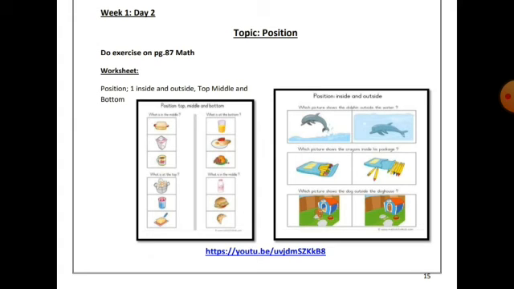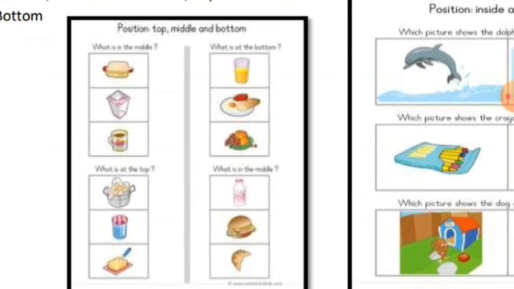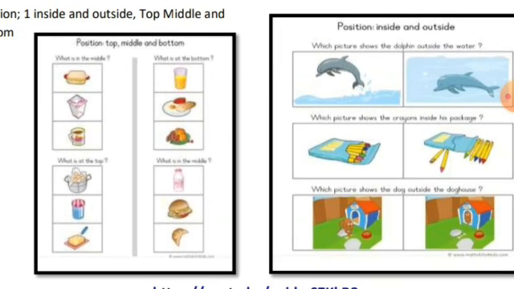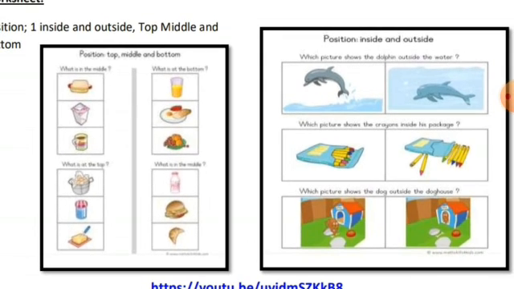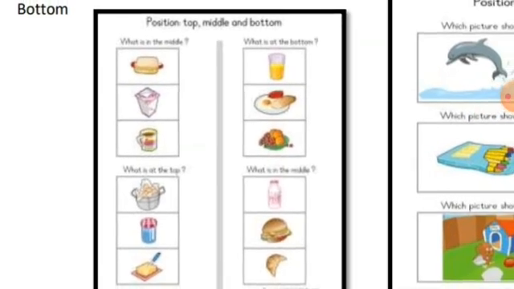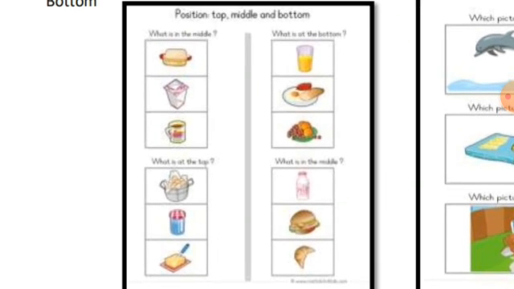If you have a hard copy, you just circle the object. You can paste stickers and also draw these pictures, or you can write the names of these objects.